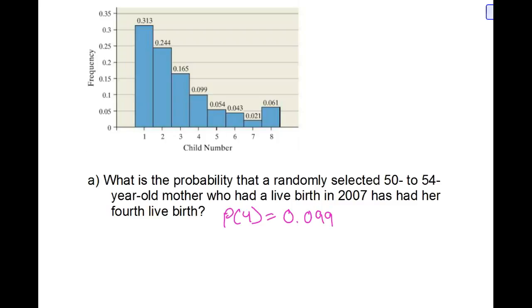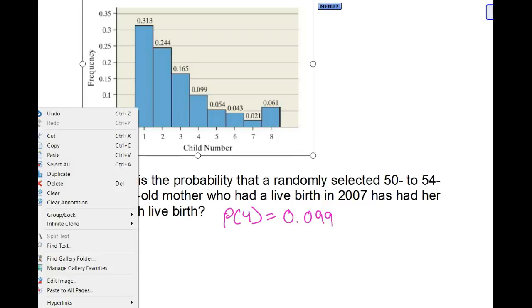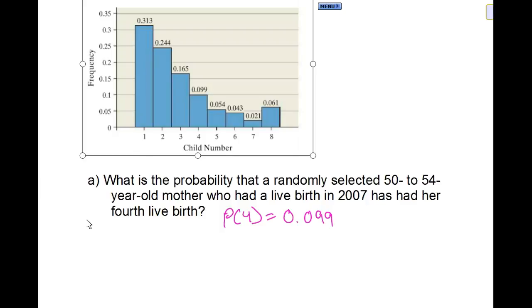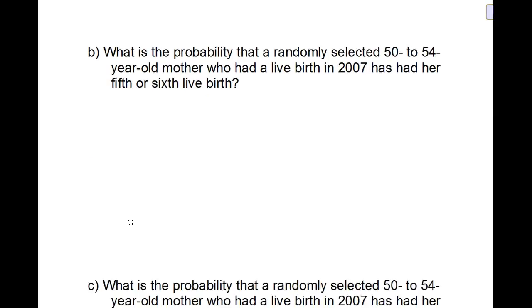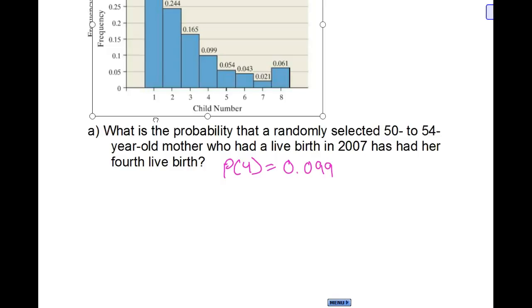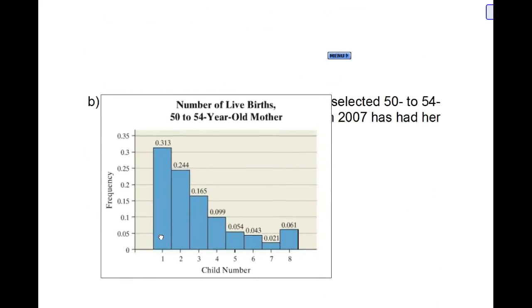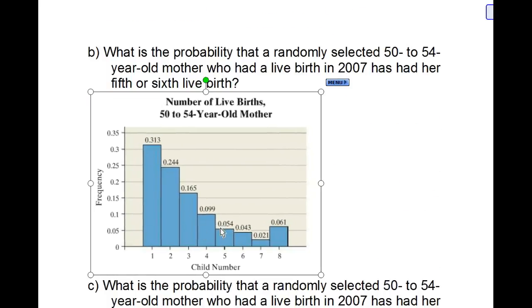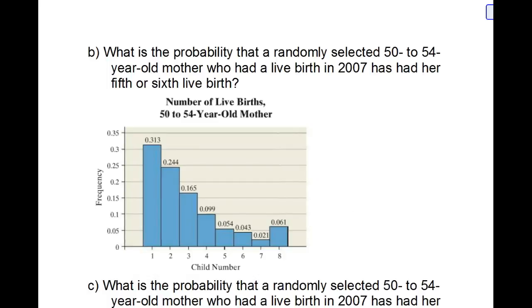Now, when we go to some of the others, I'm going to scroll on down, and we're going to put this graph in down here so that we can see it at different points.